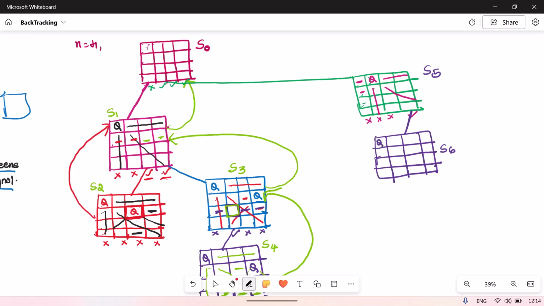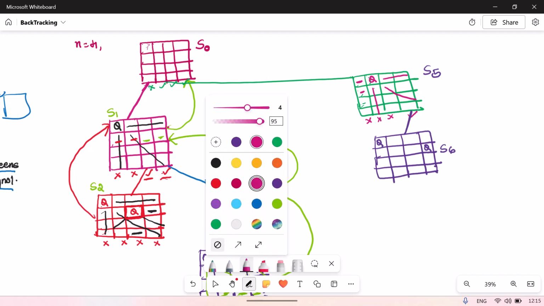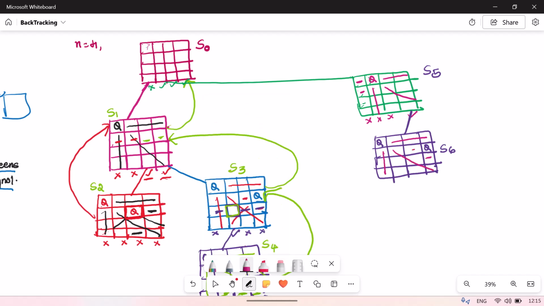So queen and queen here. Okay, so we'll eliminate the places again. Same column, same diagonal, same row, same column, and same diagonal.